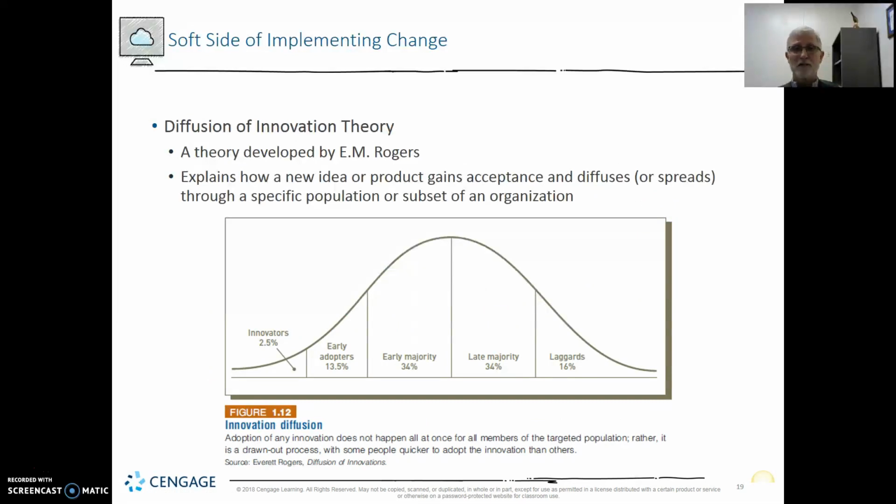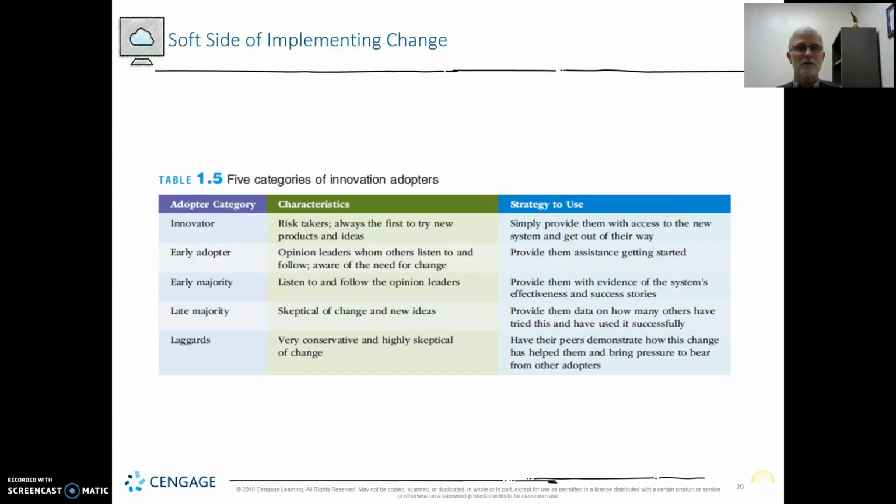In new businesses or startup universities, you'll see, who are my innovators? Who are the people that get on the new technology? Who's the first one who bought an iPhone? Who's the first one who bought a PC? What type of people get those devices? And then who holds off the longest? So as you're thinking about implementing change, where do you want to play along this curve of innovation? A few definitions of the terms.